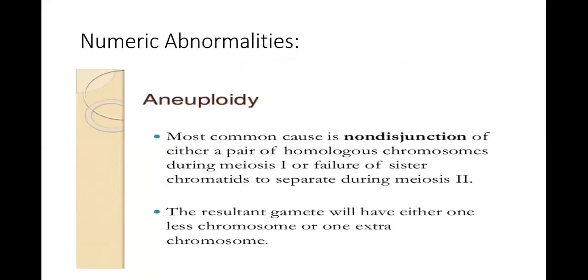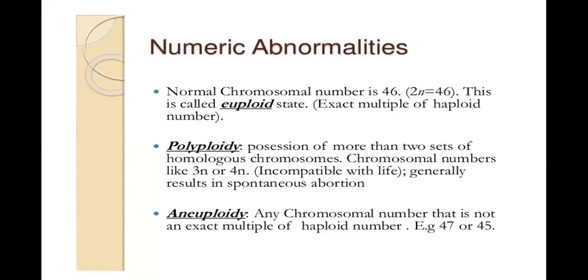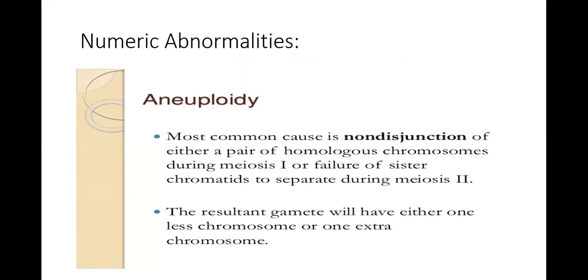Aneuploidy. The most common cause is non-disjunction of a pair of homologous chromosomes during meiosis 1, or failure of sister chromatids to separate during meiosis 2. So aneuploidy occurs because of non-disjunction of either a pair of homologous chromosomes during meiosis 1 or failure of sister chromatids to separate during meiosis 2.